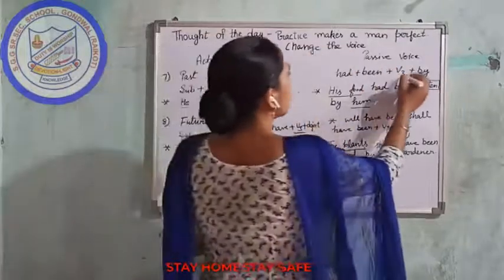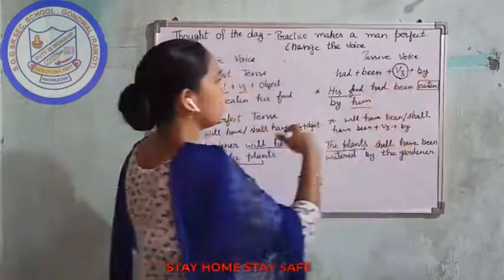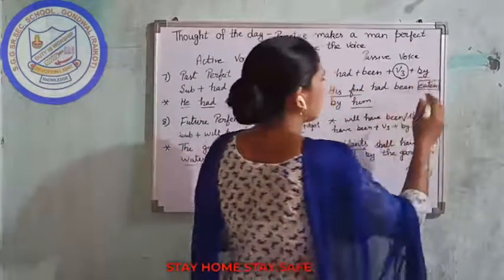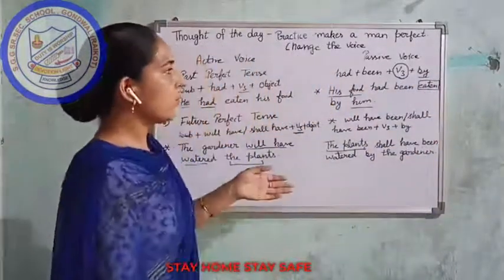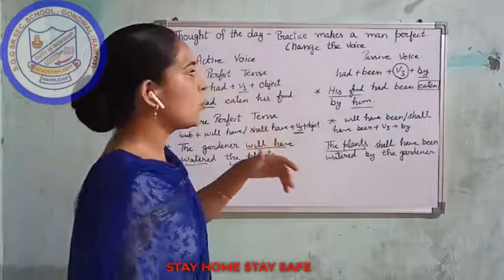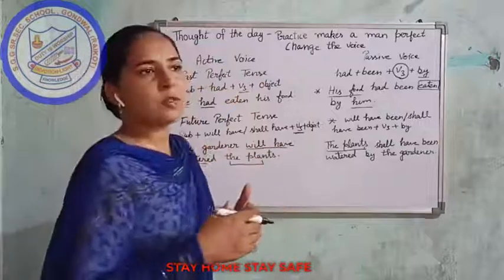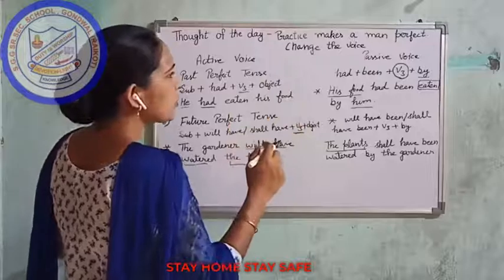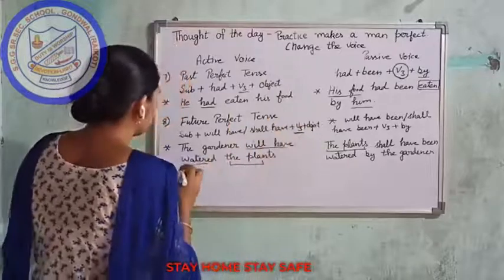Past participle is already in active form. Then we will make use of the preposition by. As I told you in the previous class, there are many other prepositions which are used with specific words. And the most used is the preposition by.